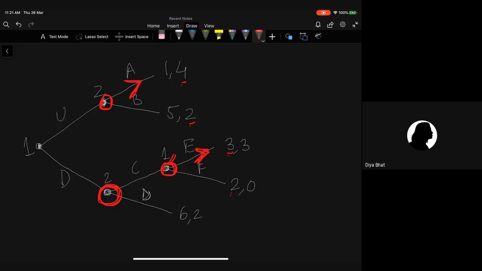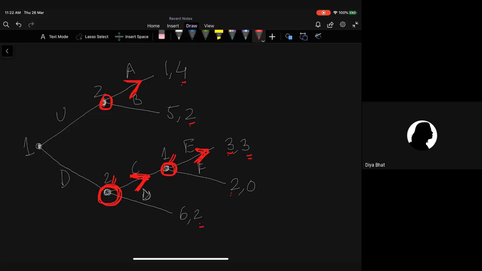In this node, 2 moves. If 2 chooses D, 2 would get payoff 2. If 2 chooses C, 2 knows that one would optimally choose E, in which case 2 would get 3, right? So it will get more. So 2 would choose C if 2 could move in the bottom node. In the top node, we have analyzed that 2 chooses A.